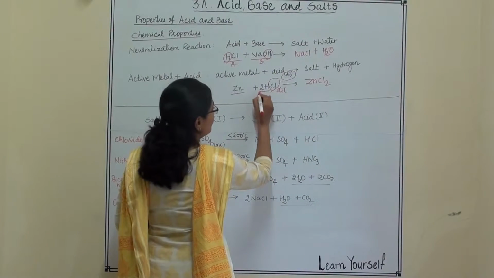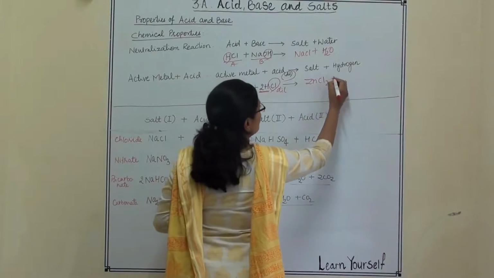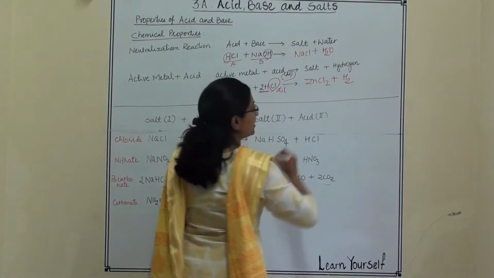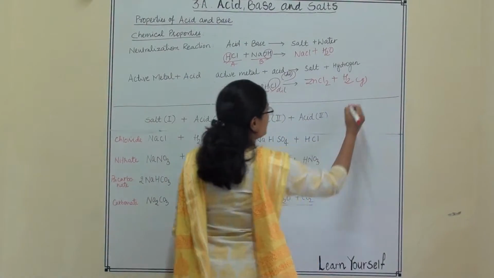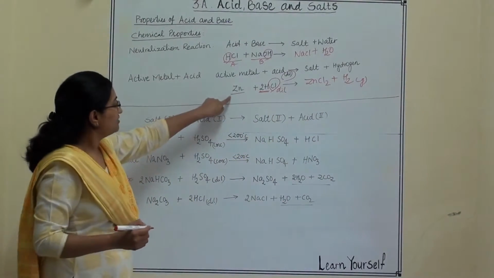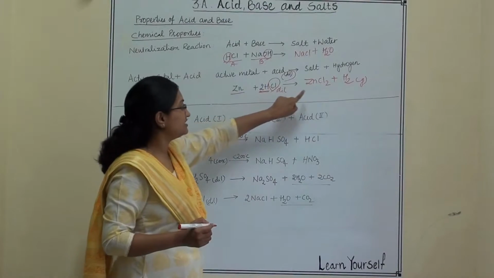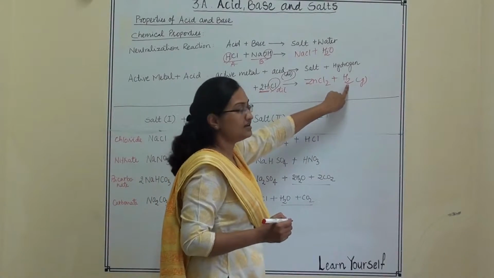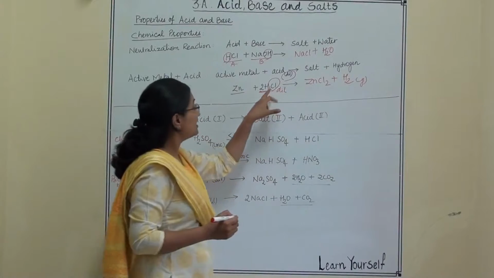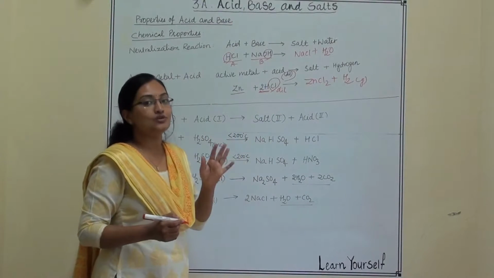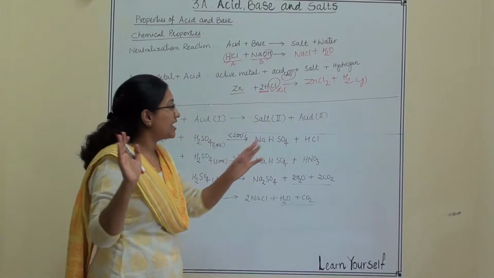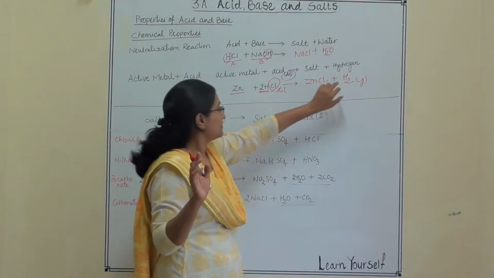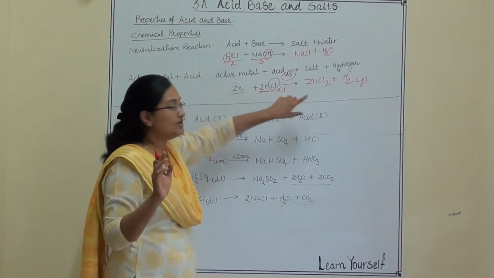And what is left is H2 and not 2H. This will become gas. So any active metal will react with acid and give us salt and hydrogen gas, because there is always hydrogen in the acid. That hydrogen will be left and go off as hydrogen gas, and the rest will become salt.